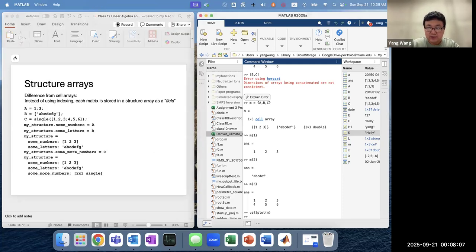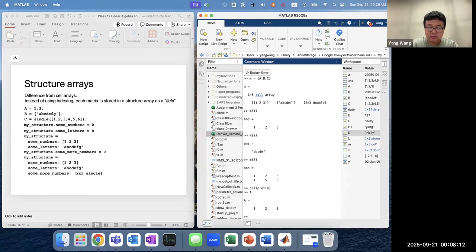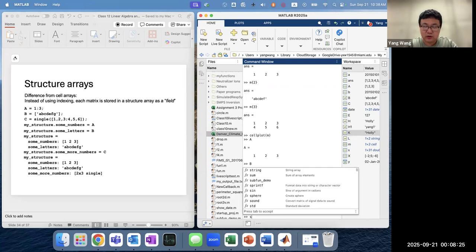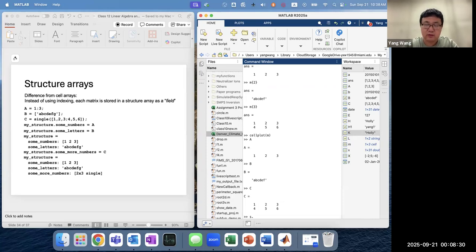Okay, so we can still have these A, B, C here, right? So we know that A is an array, B is a string, C is the matrix. So we can define a structure. Let's just name it S, okay? So it can be any variable. So we can do S dot array. You can also make it different names, but now you can give yourself a hint of what is being stored here.